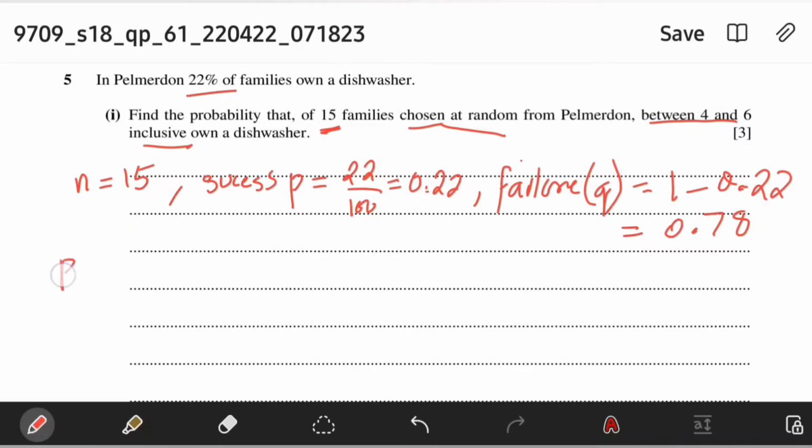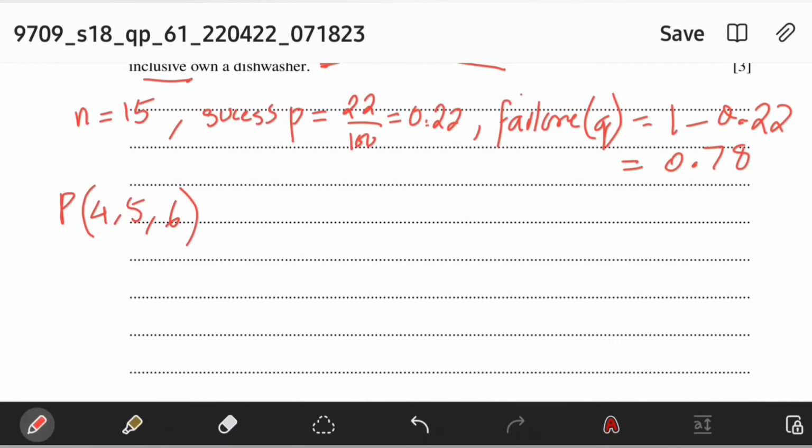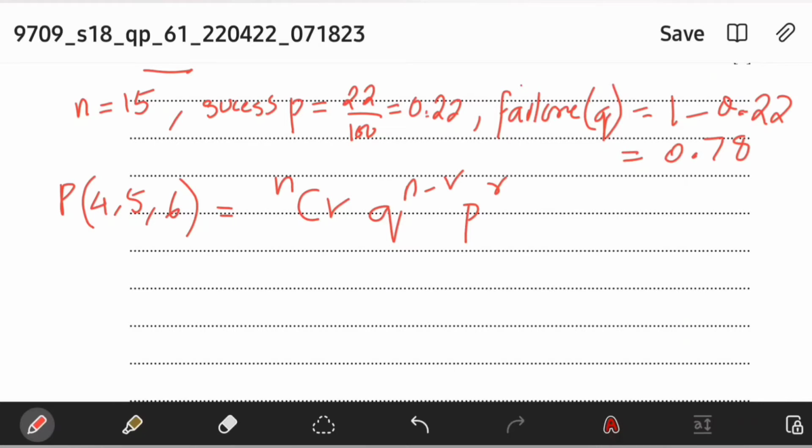We have to find out the probability of families of 4, 5, and 6. So the formula is nCr Q^(n−r) P^r. These are the powers. This formula is given to you, so you just have to substitute and find out the answer.